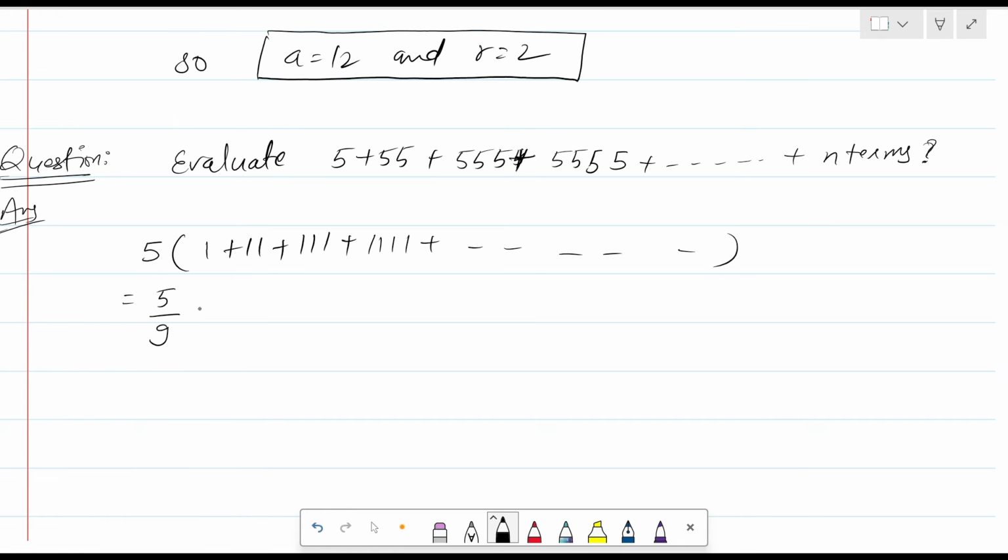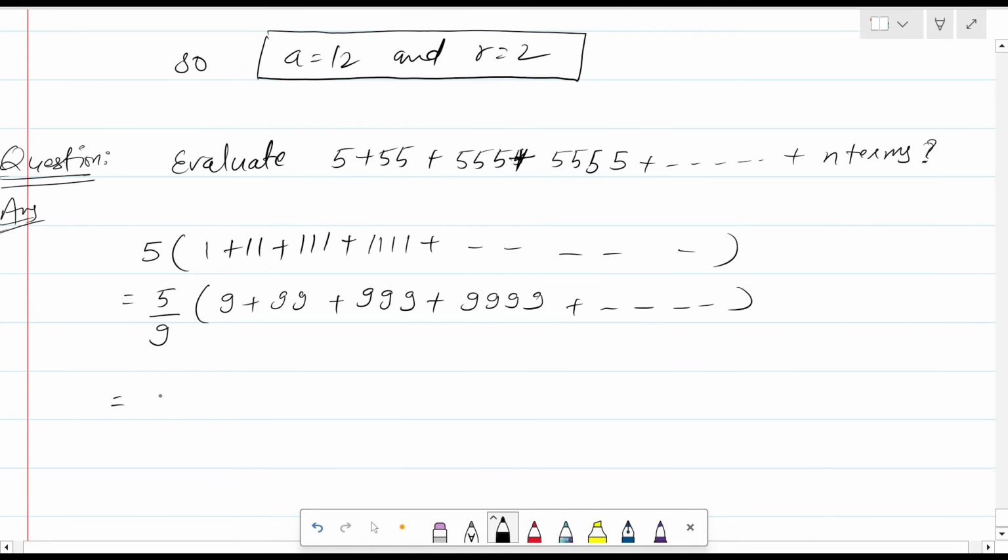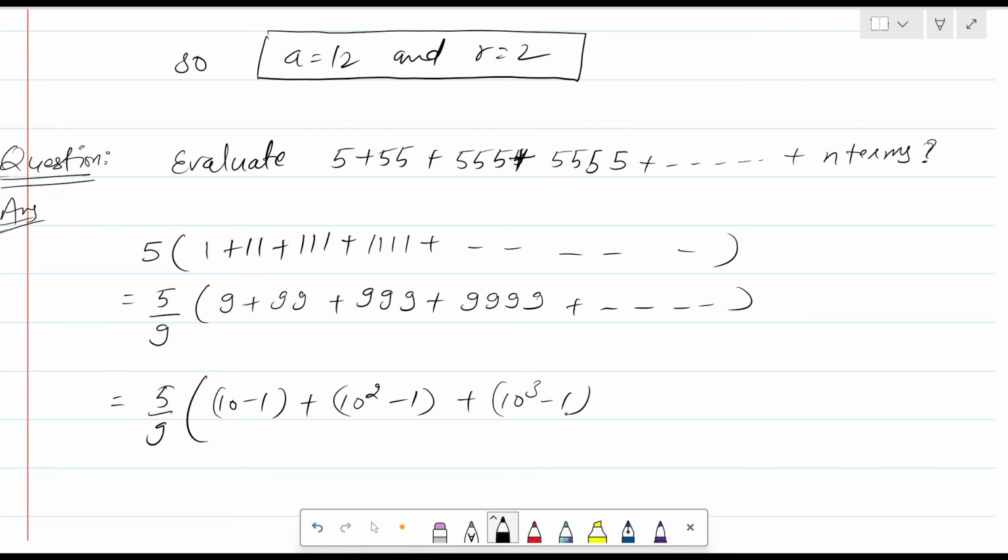If I multiply and divide by 9, then it will be 9 plus 99 plus 999 plus 9999 plus and so on. Here 9 is 10 minus 1. What is 99? 10 square minus 1. What is 999? 10 cube minus 1.